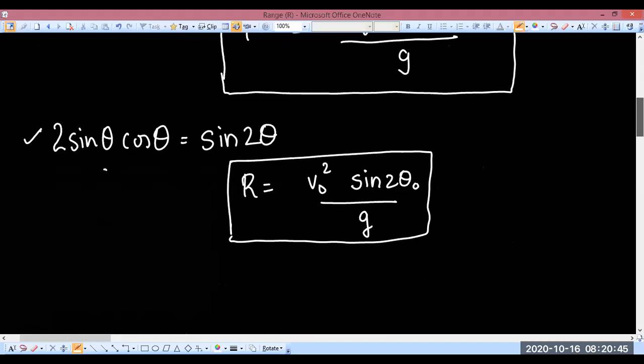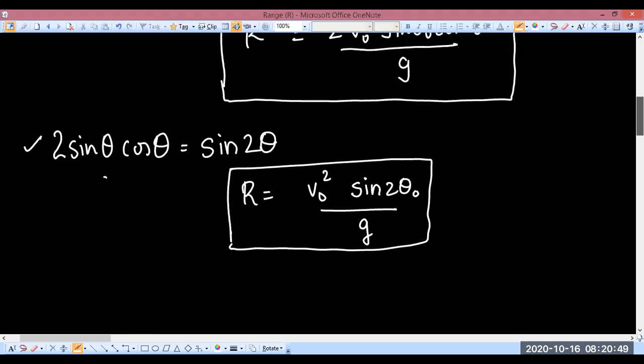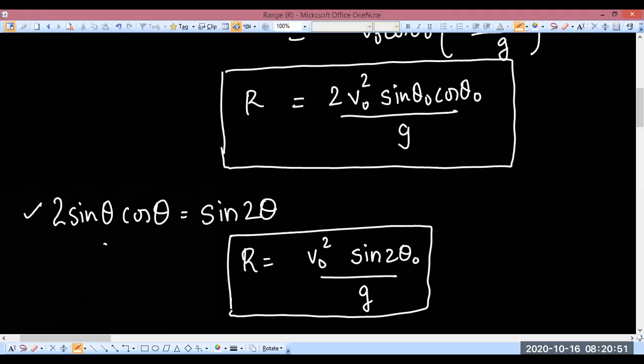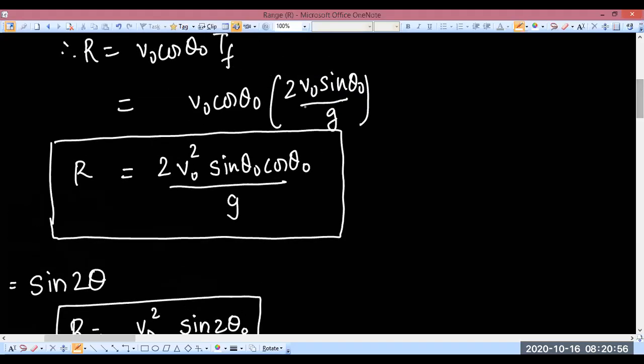So now this is the range formula. You can also write the range formula in one more way. So have a look at this. Here, I hope all of you realize that v0 cos theta 0 is v0x, and v0 sin theta 0 is v0y.